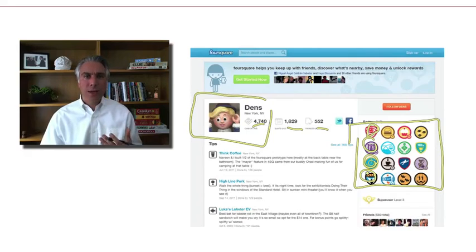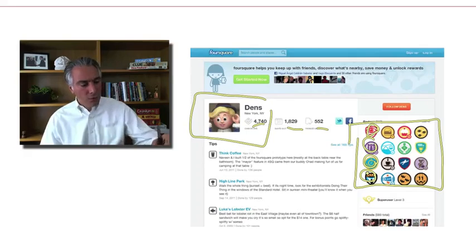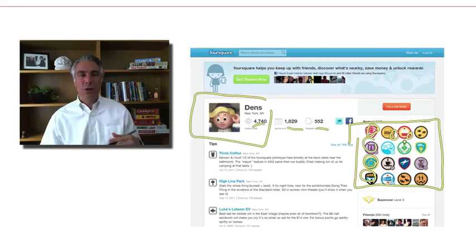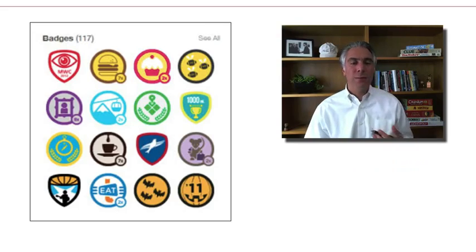It also is something that allows you to level up. So Foursquare implemented different levels within their badges. So checking into an airport gives you one badge, but checking into 20 different airports, say, gives you a higher level of that badge, which is harder to get. And these are all examples of game mechanics built around the basic process of checking in.